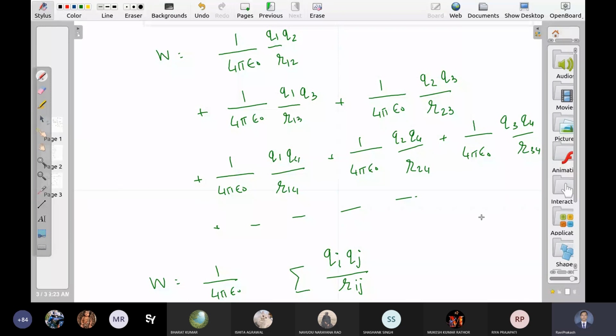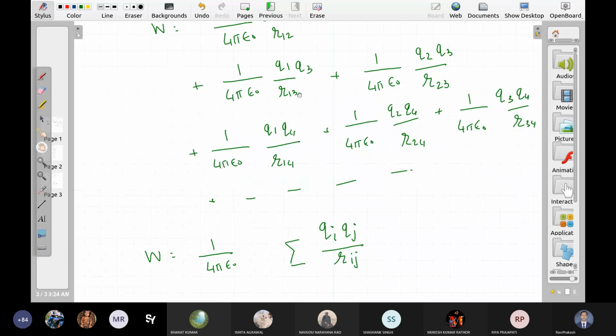There is no 1 1 term. There is a 1 2 term, then 1 3, 2 3 term. Sorry, one minute. So we have 1 2, 1 3, 1 4.